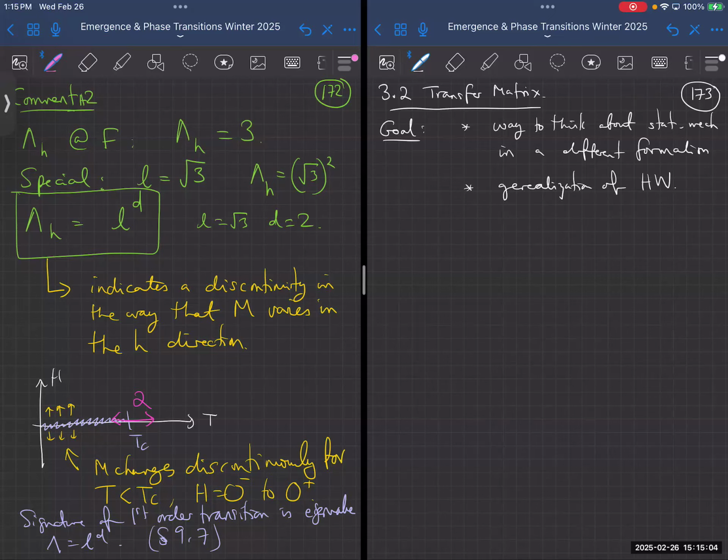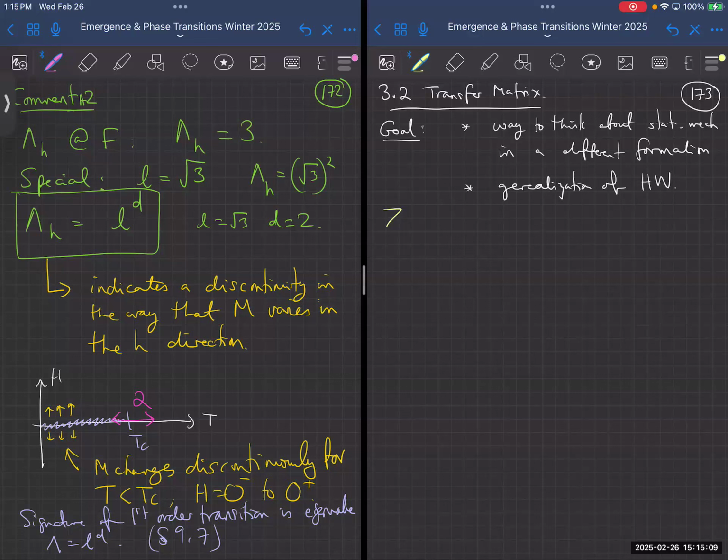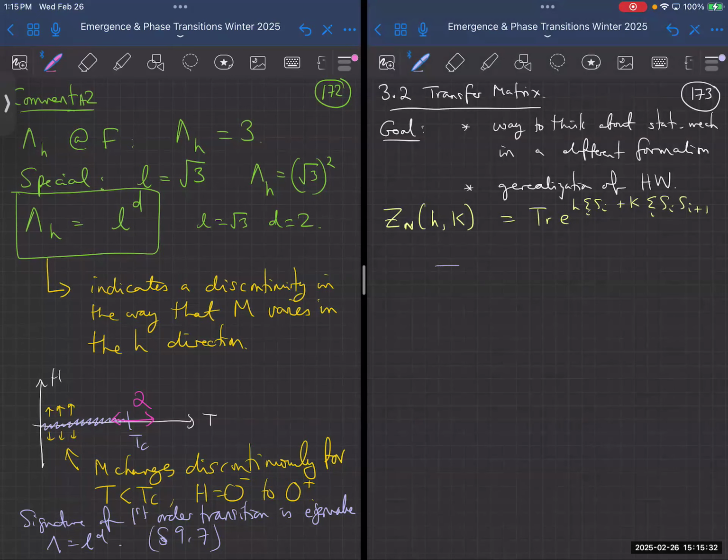Okay, so the starting point is the partition function, which I'm going to write like this. I've got n spins, and so this is just the trace of e to the sum over i of h si plus k si si plus 1. So what I'm doing here is I'm looking in one dimension, and I've got a bunch of spins on these lattice sites.